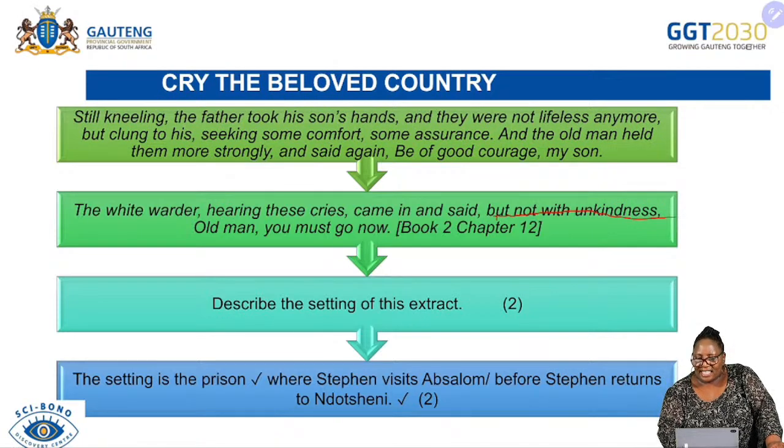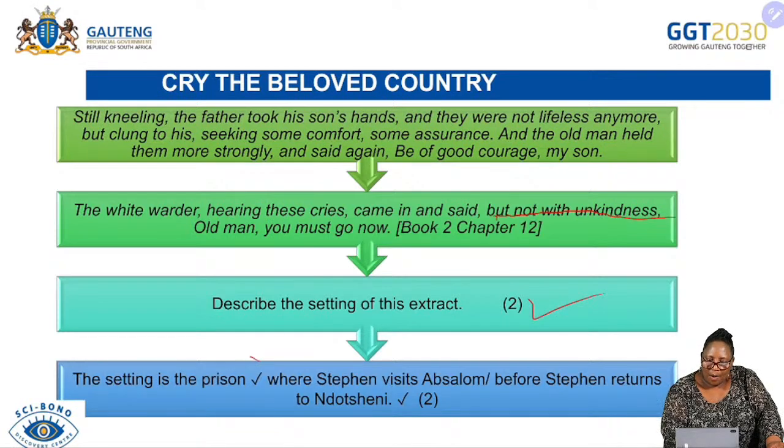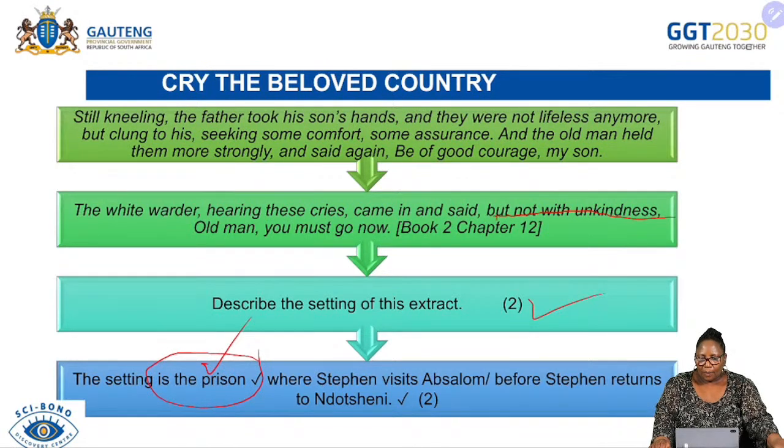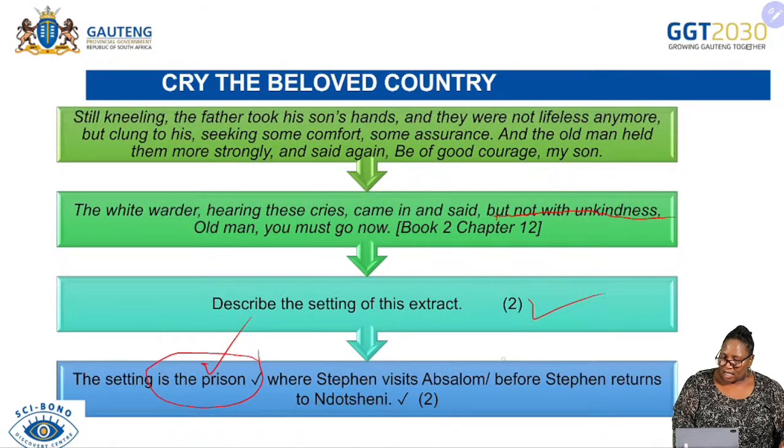Describe the setting of this extract. For 2 marks, the setting is in prison. Then you get yourself 1 mark. What was happening? Or what was the time? When Stephen visits Absalom, that is still the place.